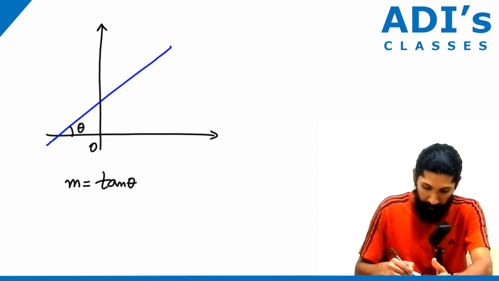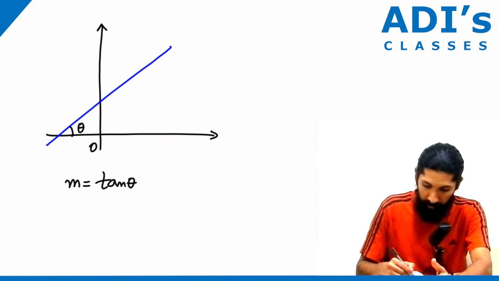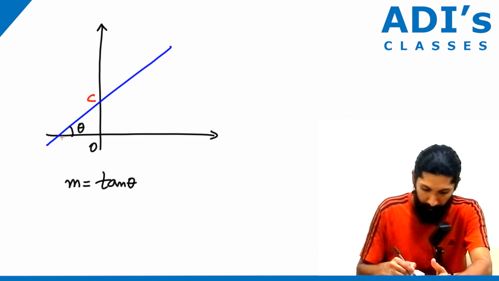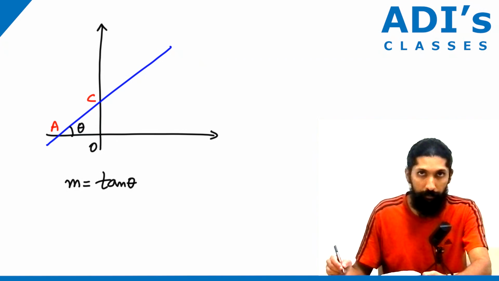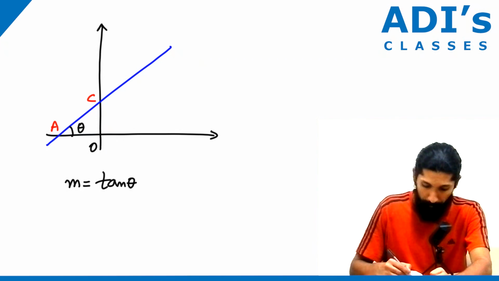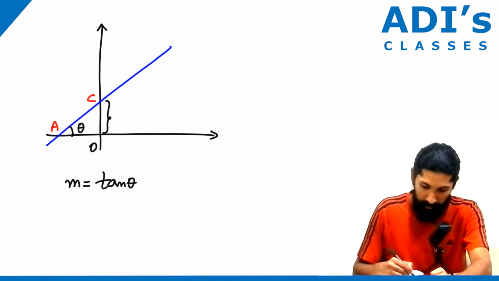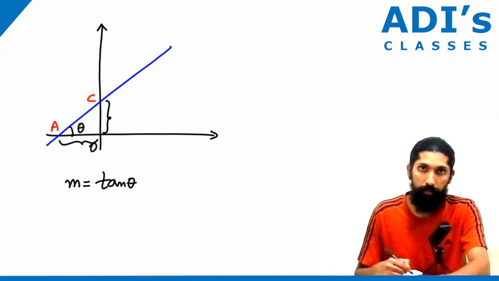Let's call this particular point C. Say this particular point is A. Fair enough. Now, this distance and this distance are very important.